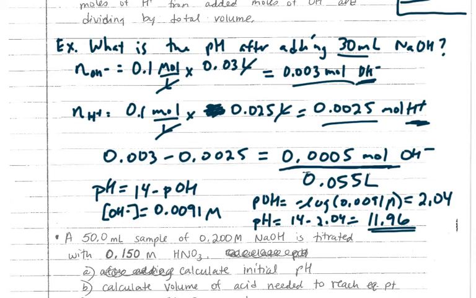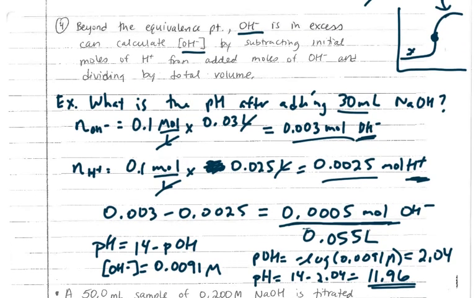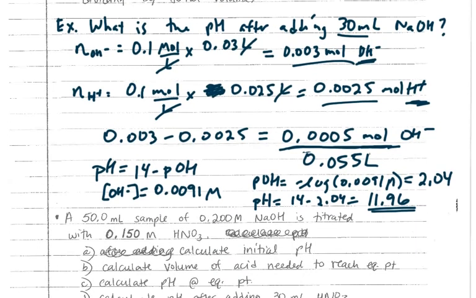It's basic. It's a high pH. We are past that equivalence point, and it is a high pH. So even though we only added an extra 5 milliliters past the equivalence point, it becomes basic very fast.